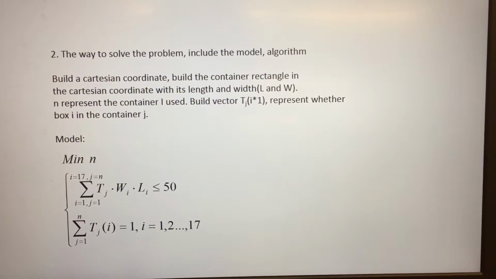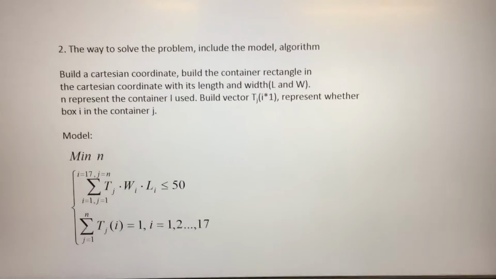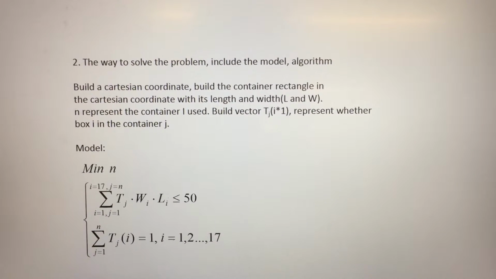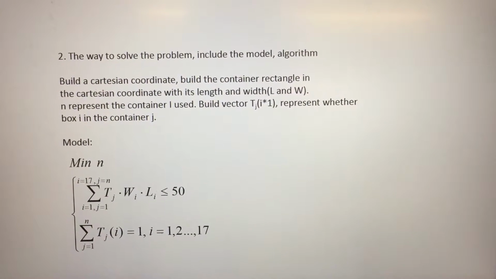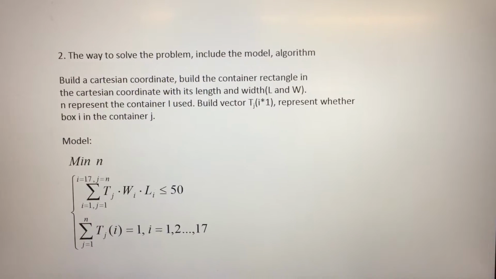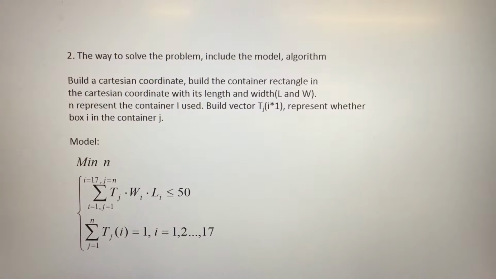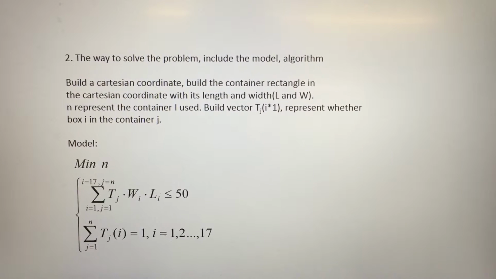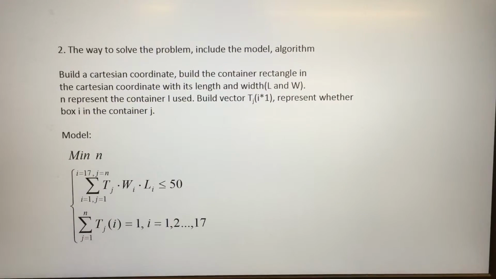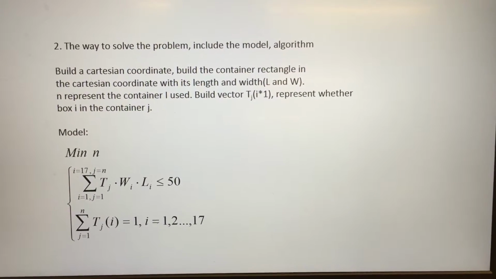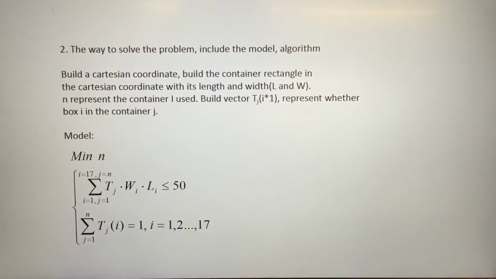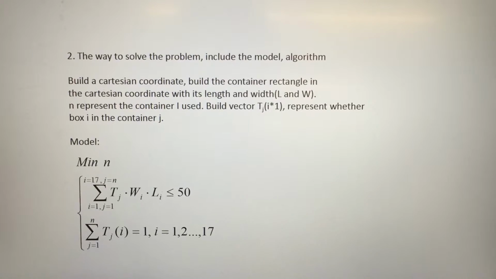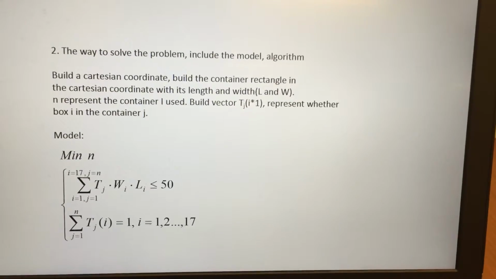The sum of Tg multiplied by Wi and multiplied by Li must be less than 50, which means that I cannot put extra area into my container. And the second constraint means I can only put one box into one container. I cannot put one box into more than one container.